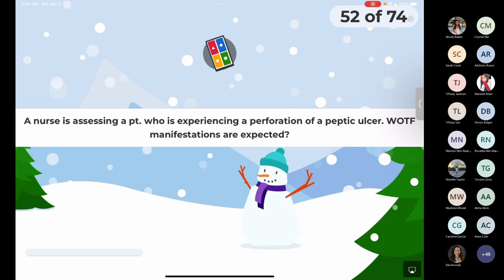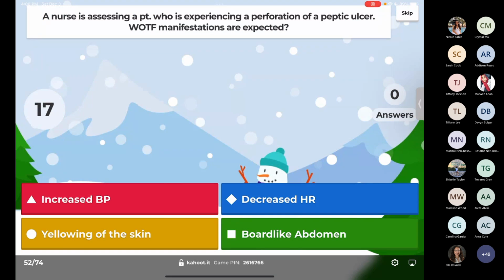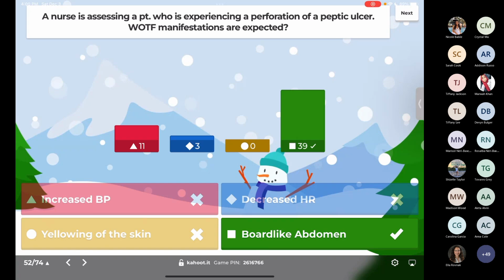A nurse is assessing a patient who is experiencing a perforation of a peptic ulcer. Which of the following manifestations are expected? Good job, guys.